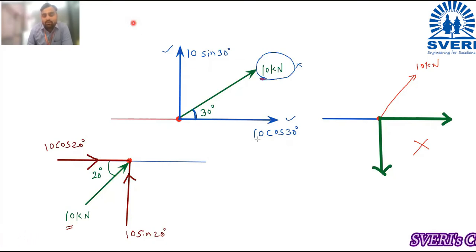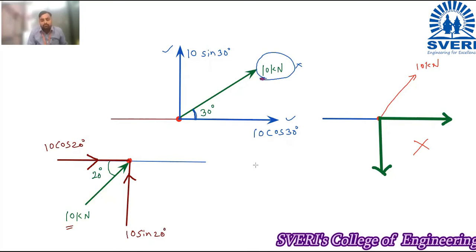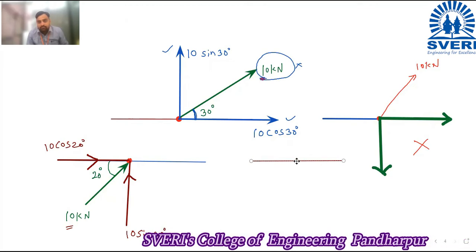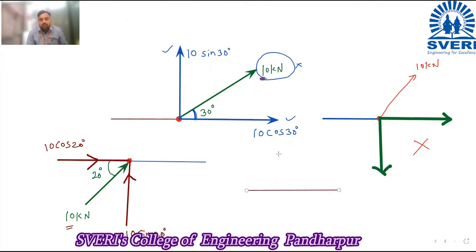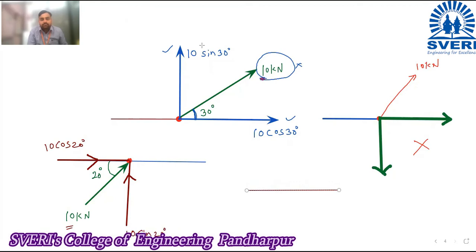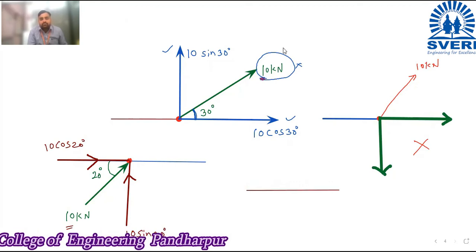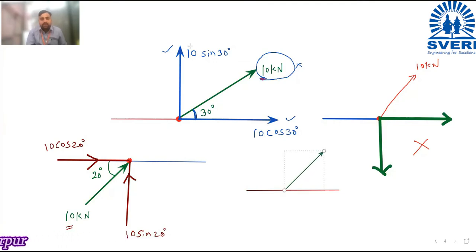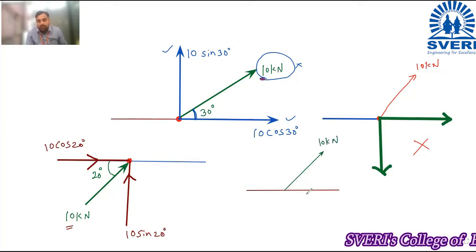Now the next point is, the force is acting in a different way. Suppose this is the surface, and in this way the force is acting. Again this force is of 10 kilonewton.